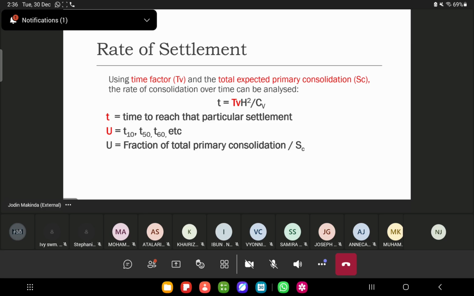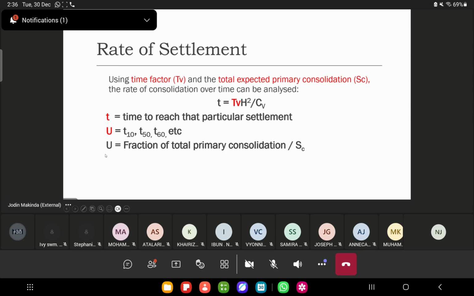So meaning that we are actually studying the rate of the settlement using this rate of settlement equation. Yeah. So if given time factor, we can calculate time. If given time, we can calculate the amount of settlement. So this is the equation.